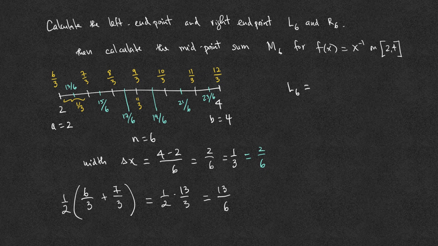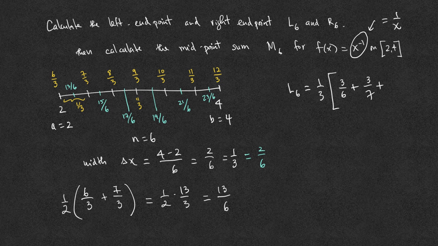L6 is, since all of the rectangles have the same width, we can simply factor out the width, which is 1 over 3. And then we simply add the height only. The first rectangle has an area of the width 1/3 times the height, but the height is the reciprocal. And so the height is 1 over x. If x is 6 over 3, then the height is 3 over 6. If x is 7 over 3, the height is 3 over 7.